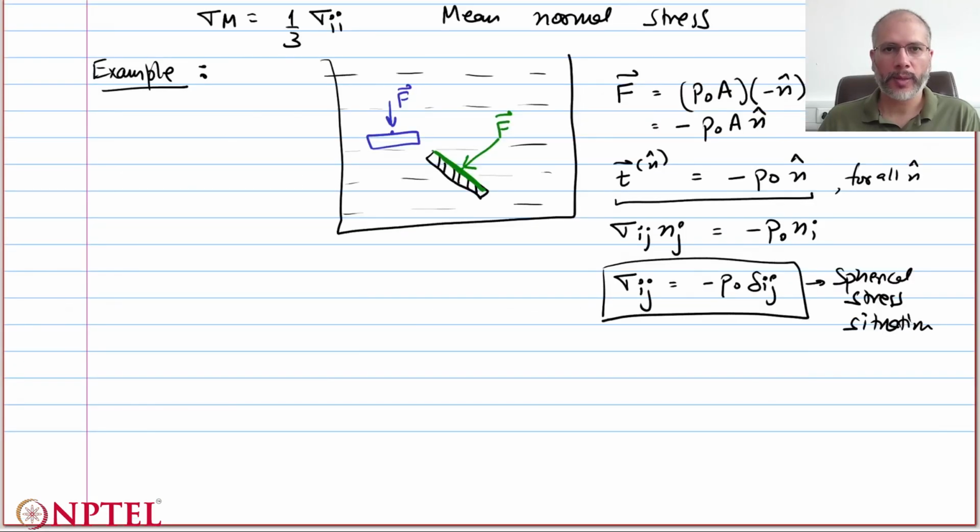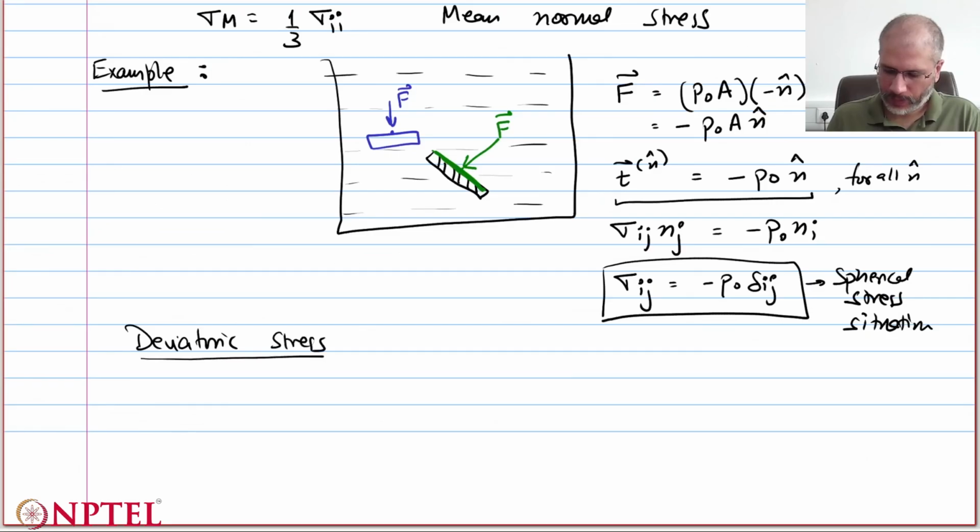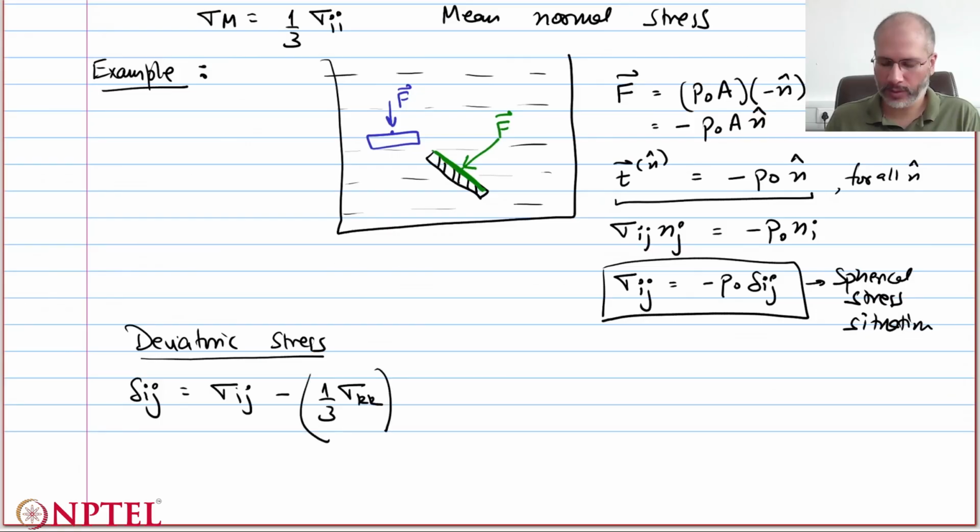Now we write the other part, that is the deviatoric part. So deviatoric stress is simply defined as sigma ij minus 1/3 sigma kk, that's the mean normal stress, times delta ij. So we have subtracted alpha ij from sigma ij to get Sij.